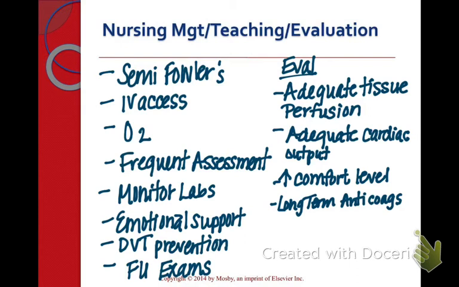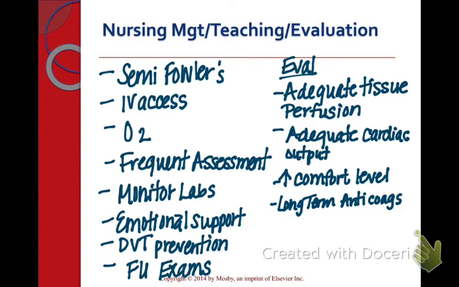And then as far as the evaluation goes, how are we going to know if what we're doing is working? Well, adequate tissue perfusion, of course. How are you going to tell that? Your ABGs, your mental status, your assessment, and then adequate cardiac output. You're going to be able to tell that by their blood pressure, their heart rate, their ECG.